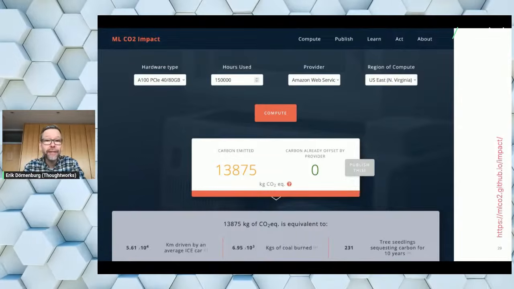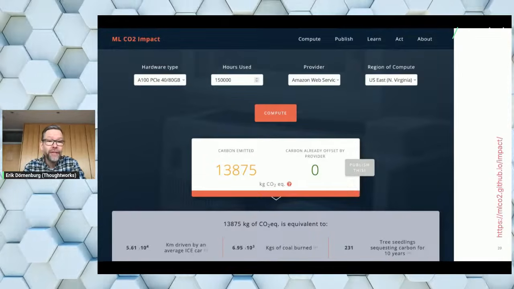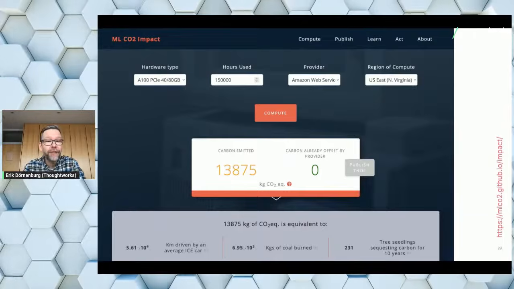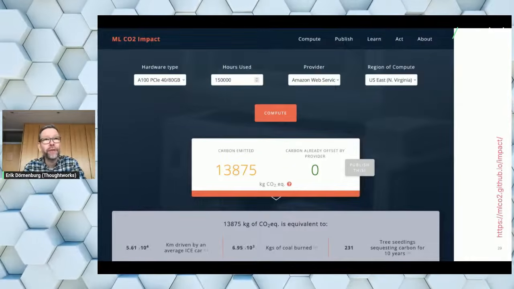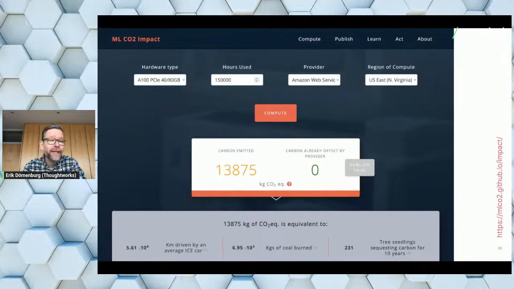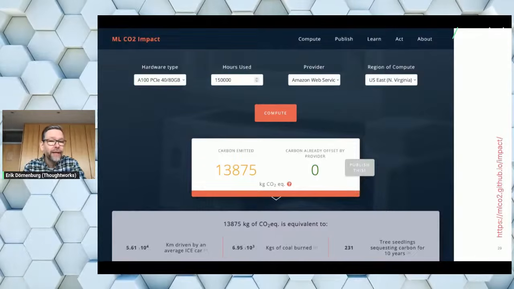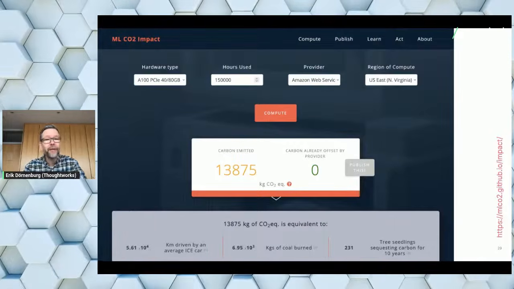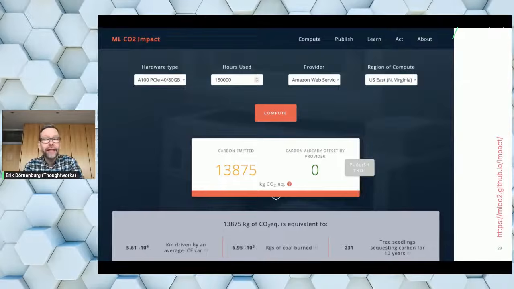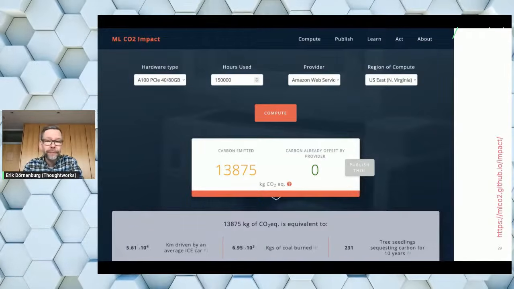And the tool estimates it would be 13.8 tons of CO2 emissions. And if you remember, the team self-reported 11.2 tons. So again, we see the data doesn't match precisely, but from a ballpark figure, we are getting to something that is at least meaningful.